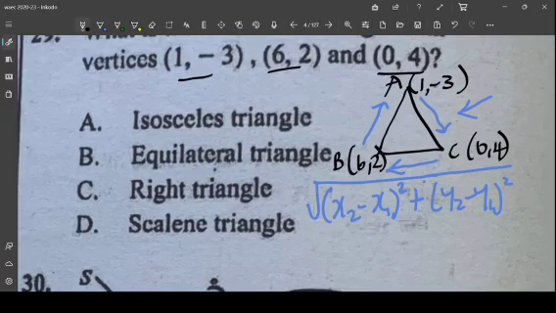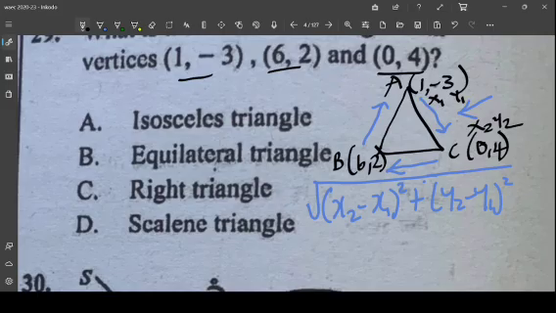In point A, this is going to be my x1, and this other one is my y1. And then in point C, this will now be my x2, and the other will be my y2.